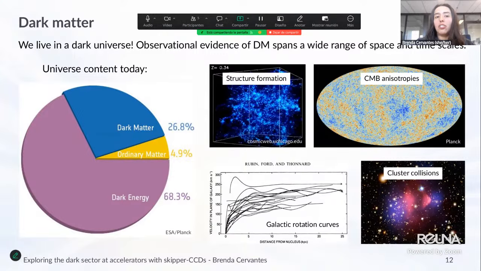We have a lot of observational evidence in many space and time scales, from structure formation, from the galactic rotation curves, that give us the hint that there is more matter than what we actually see. In fact, based on these observations, we think that 26% of our universe is composed of dark matter, and we still do not know what it is.